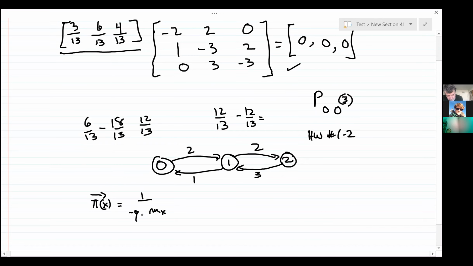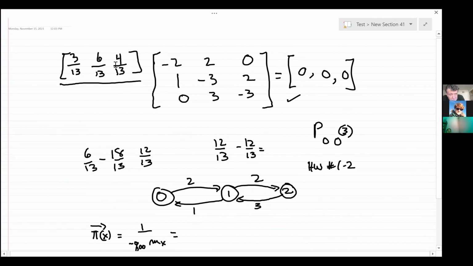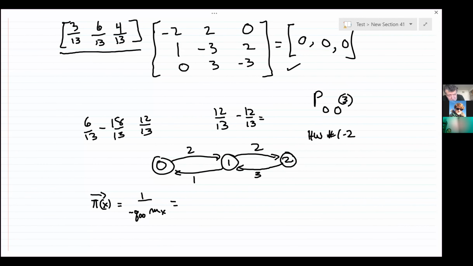Minus q00. Okay, so how does this work? So let's do it when x equals 0. When x equals 0, we already solved for the stationary distribution by hand, and it was 3/13. So this would be 3/13. We know the whole thing.